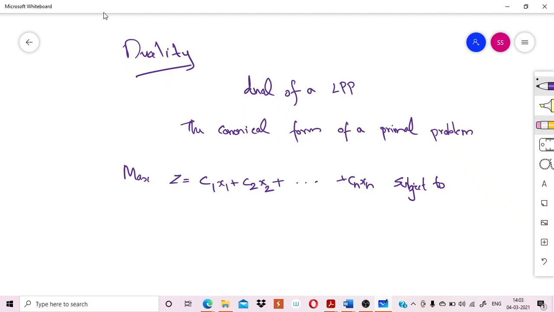Subject to the constraints, we have a11 x1 plus a12 x2 plus etc. plus a1n xn.